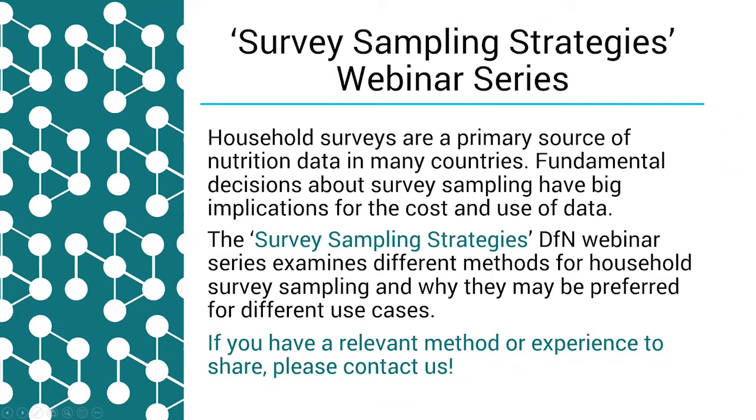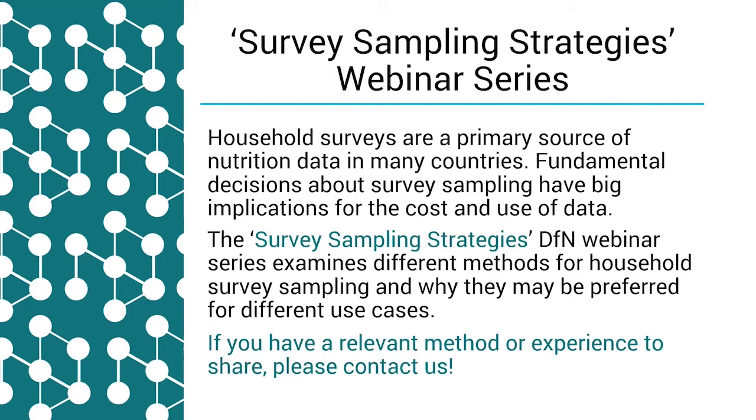This is going to be the first webinar in what we hope to develop into a sampling strategy series. We know that household surveys are a primary source of nutrition data in many low and middle income countries. And sometimes we don't really think about the fact that these fundamental decisions about things like sampling methods can have really big implications for the cost and for the ways that we're able to use data.